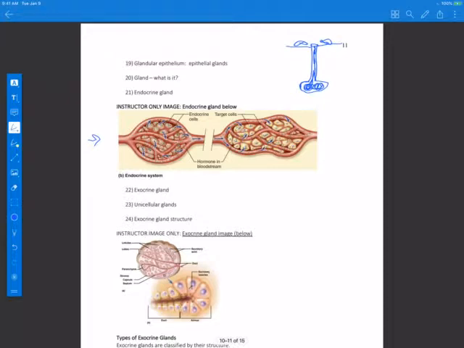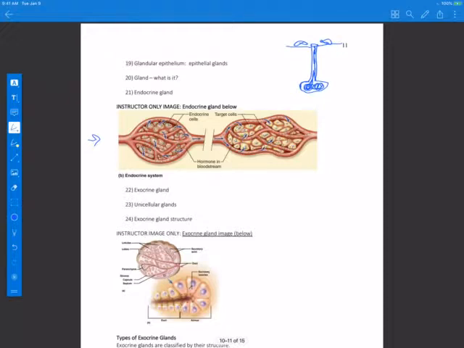gland. There are unicellular glands that are found in the epithelium that is predominantly non-secretory tissue. So there can be unicellular glands that are endocrine glands, or they can be exocrine glands. And one example of this would be a goblet cell.